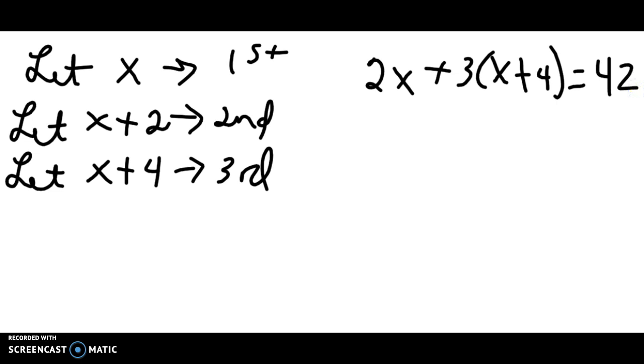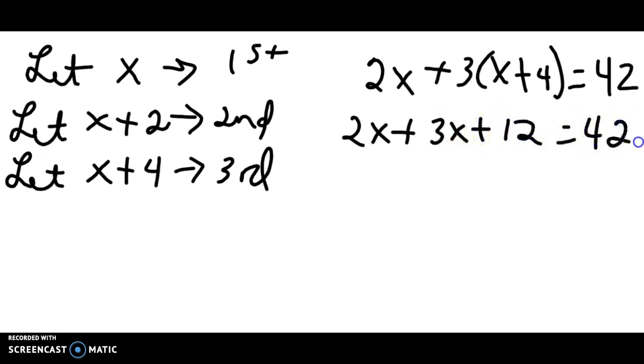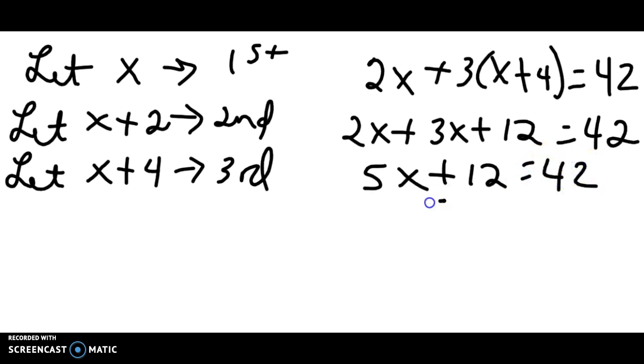Okay, so now I have 2x plus 3x plus 12 equals 42. And I get 5x plus 12 equals 42. Now I'm going to solve for x.